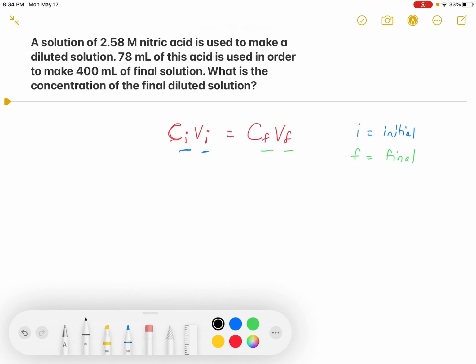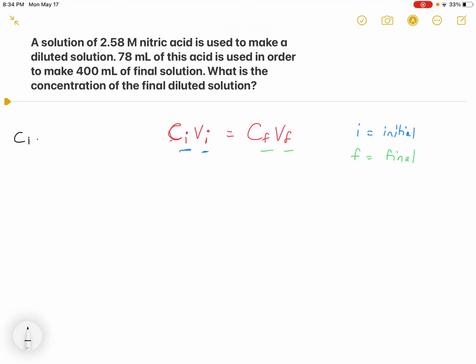So knowing that, let's go back into the question and extract the relevant information so that we can solve it really simply. The initial concentration is 2.58 molars or moles per liter. The initial volume is 0.078 liters.